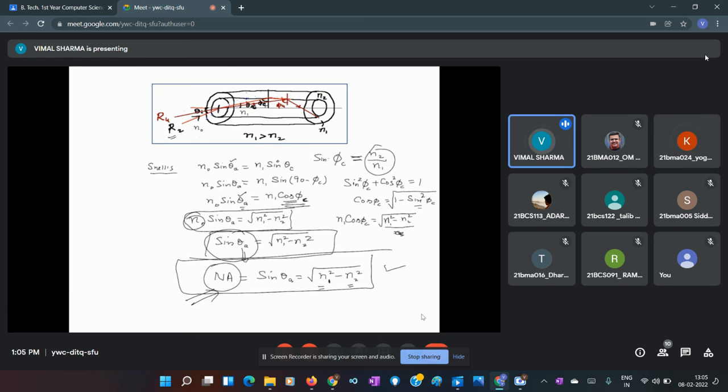Yes sir. I can write it as cos square phi c is equal to 1 minus sin square phi c. यस सर. है ना. और फिर cos का स्क्वायर हटा देंगे तो it will be under root 1 minus sin square phi c. यस सर. ठीक है, क्लियर? यस सर. ओके.